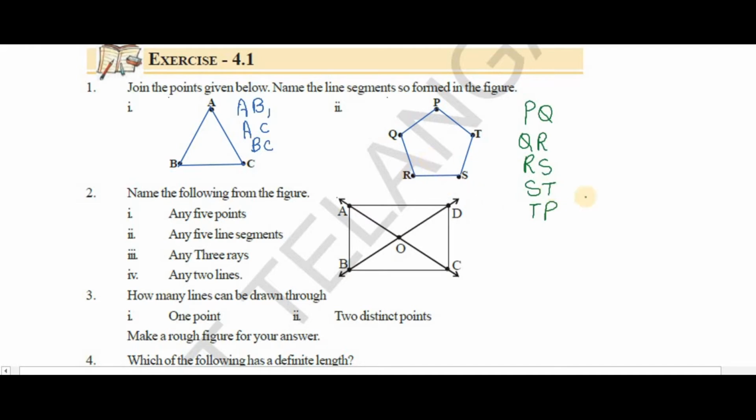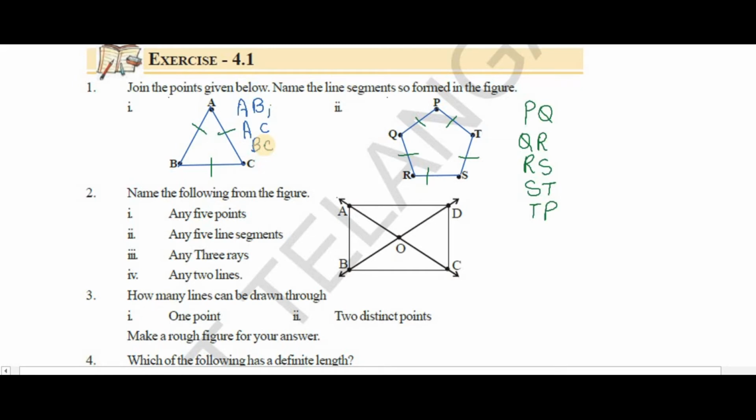So how many line segments did we get here finally? 1, 2, 3, 4, 5. So we got 5 line segments here, and here it is a three-sided shape. For these 3 sides, that is the reason we got 3 line segments. So based on this, what you can understand is, however many sides the shape has, that many line segments you should get. Okay, now we'll move on to the next question.